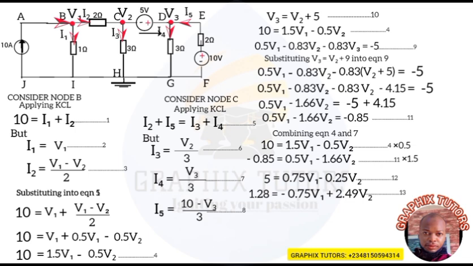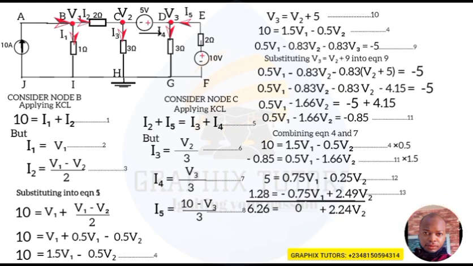So I've multiplied through by negative, so I've changed their signs. Now I can add. So 5 plus 1.28 gives you 6.28. 0.75 minus 0.75 will give you 0. Minus 0.25 plus 2.49 will give you 2.24 V2.